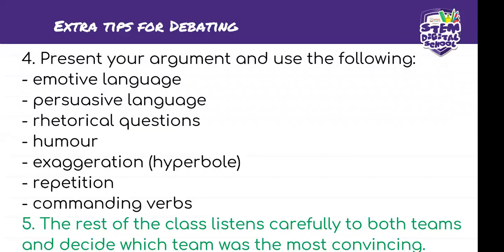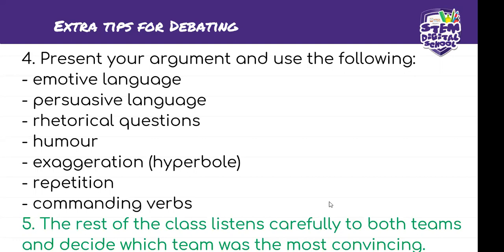It is the same with a debate. In the time limit you're given, if there is something you really want to stand out or emphasize, one good way of doing that is to repeat it. Use commanding verbs. Remember, you will not be asking questions. You are not asking for people's permission. You are trying to bring them to your perspective.